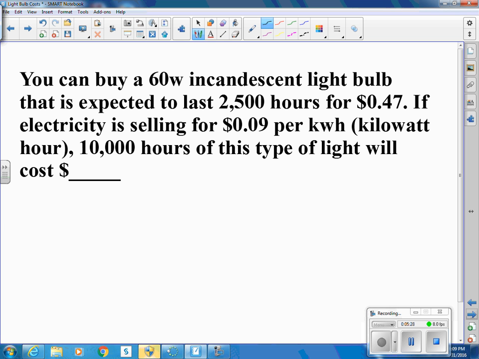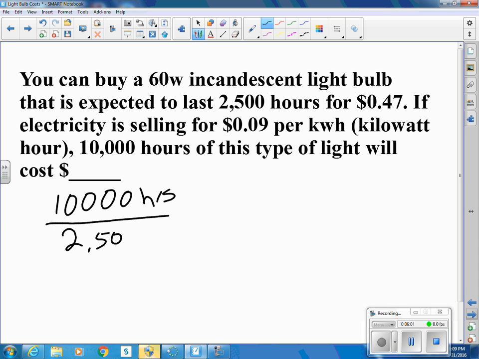So if you can buy a 60-watt incandescent light bulb that's expected to last 2,500 hours for 47 cents, and if electricity is selling for 9 cents per kilowatt hour, 10,000 hours of this type of light will cost what? Well, let's take our 10,000 hours that we're going to burn, and one bulb will last 2,500 hours, so that means hours per bulb.